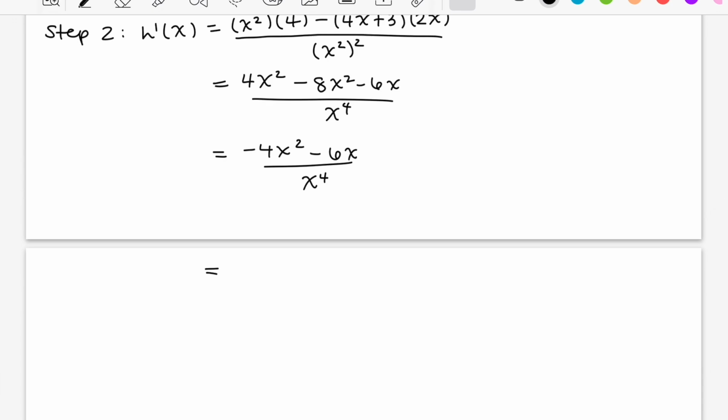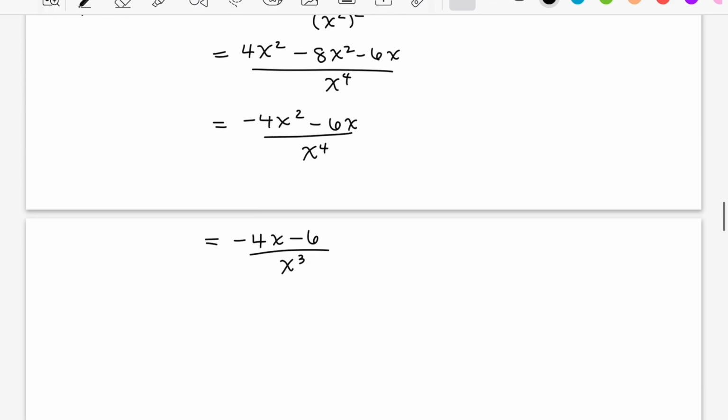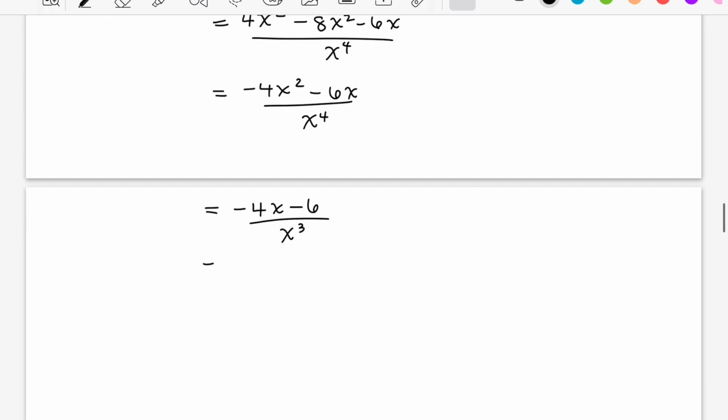Alright, and then taking out an x from every single term here, we'll get minus 4x minus 6 over x cubed. Alright, and then we can simplify this a little further by pulling out a minus 2. So we're left with this guy.